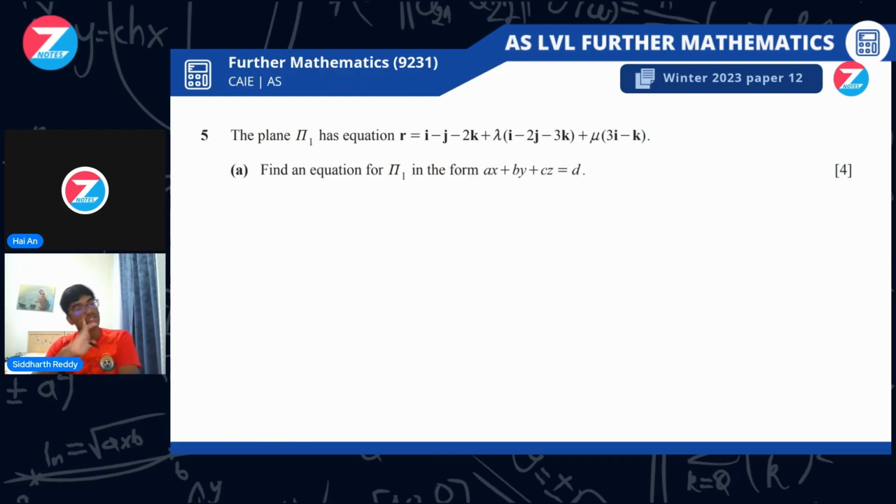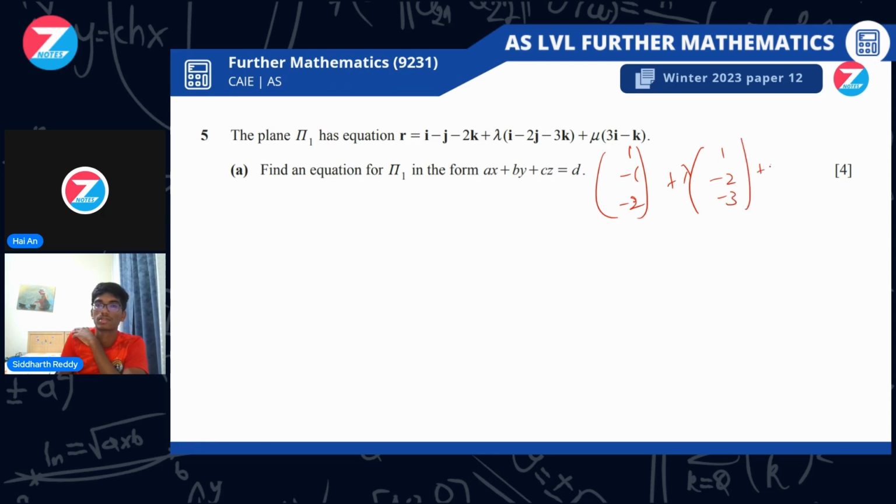Okay, let's move to the next question. The plane pi1 has equation r is equal to i minus j. We'll write this in vector form: 1, minus 1, minus 2, plus lambda of 1, minus 2, minus 3, plus mu of 3, 0, minus 1.